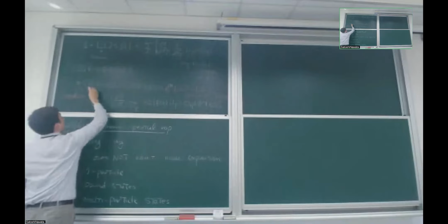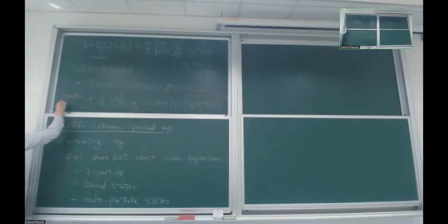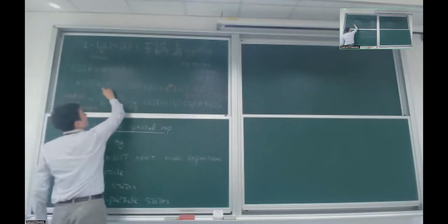As you can see, this is just a constant, and phi can be shifted by this constant. Therefore you can freely set this to 0 and ignore it. That's what we explained.